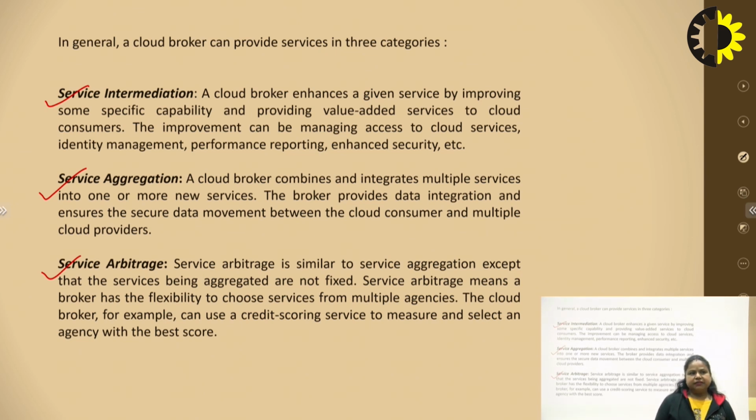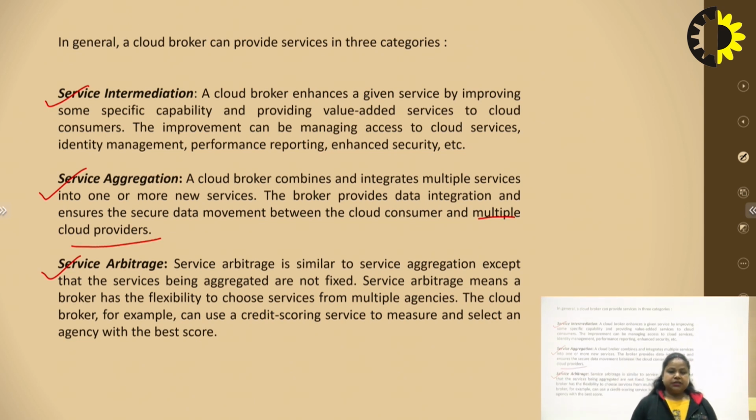Right? The second, we are talking about service aggregation. Service aggregation says that whenever we are taking one or more new services, the broker is responsible to combine or integrate the multiple services together, in which they provide secure data movement between the consumer and the multiple cloud providers.